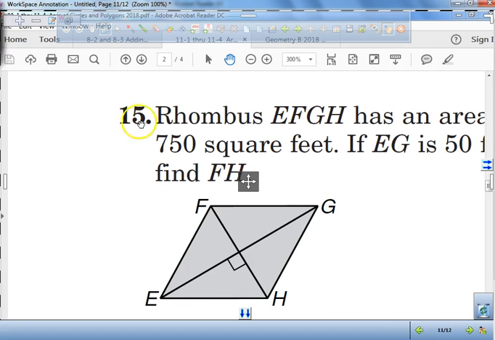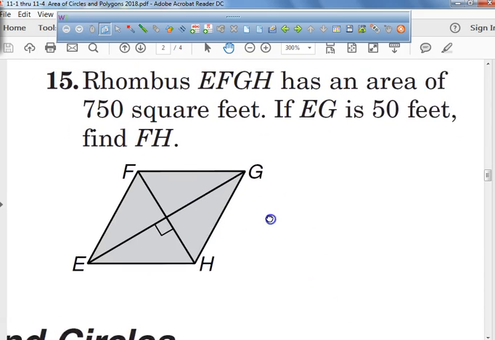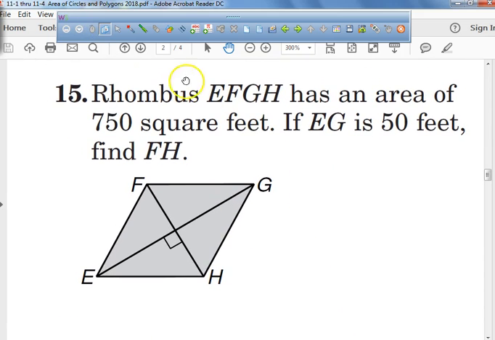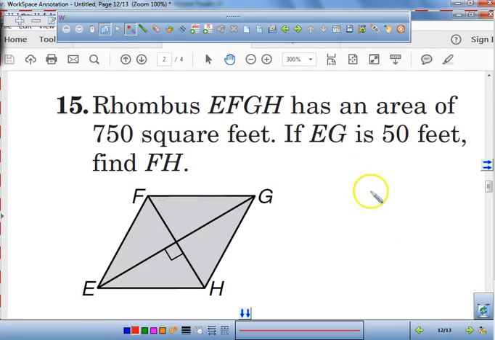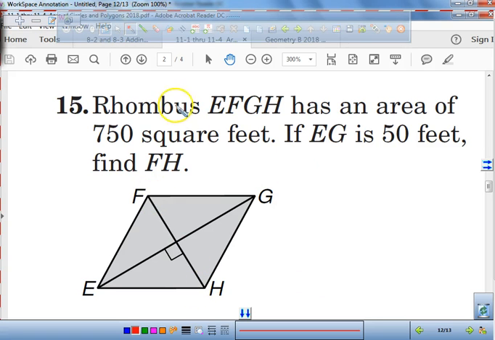Here we go. Let's go on the rhombus here. Number 15. It says, if EG is 50 feet, find FH. Now this says a rhombus has an area of 750 square feet. Now I told you there were 2 formulas. Alright, so right now we have 2 different formulas.